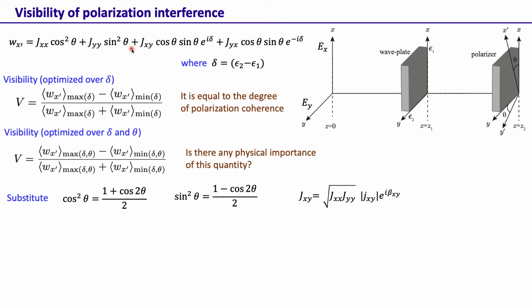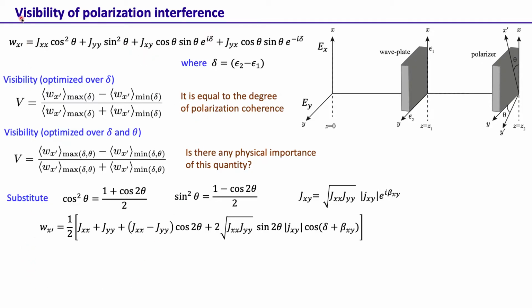Then we get Wx prime is half jxx plus jyy, that's coming from this 1 and 1, and then jxx minus jyy cosine 2 theta, and then plus, we combine these two terms and write it as twice square root of jxx jyy sine 2 theta, mod of jxy, and cosine delta plus beta xy. So that's the intensity. This is just the same expression written in a different way. Instead of cosine square theta, sine square theta, we're writing it in terms of cosine 2 theta and sine 2 theta. Just simple math.